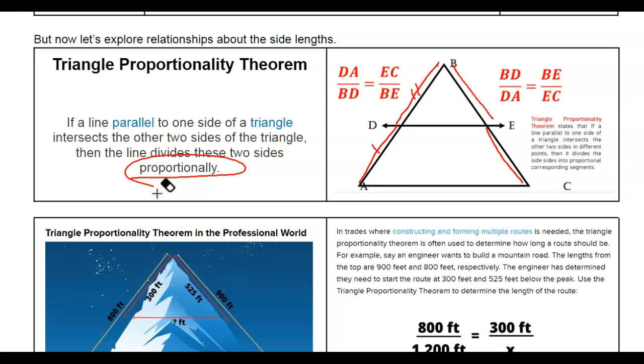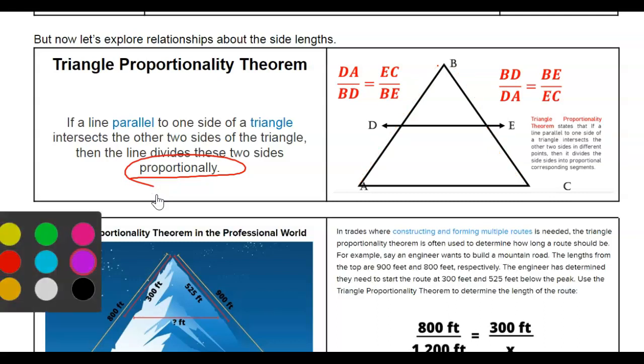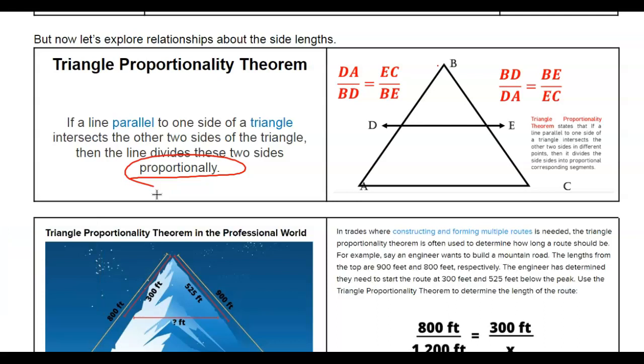Or, because remember you do have some options, you can think of it as BD, which I call the top, divided by DA, and that's also proportional to BE divided by EC.